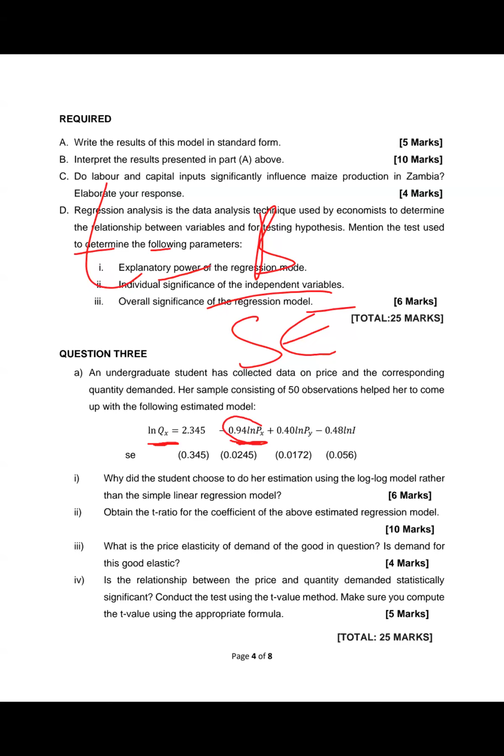Since it is between 0 and 1 in absolute terms, it means that the demand is inelastic. You get it, right? So the demand is not elastic.